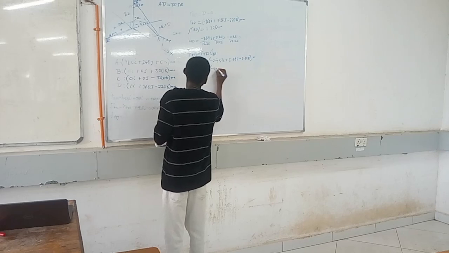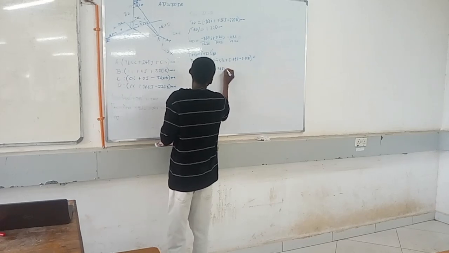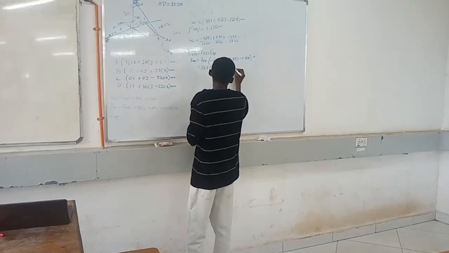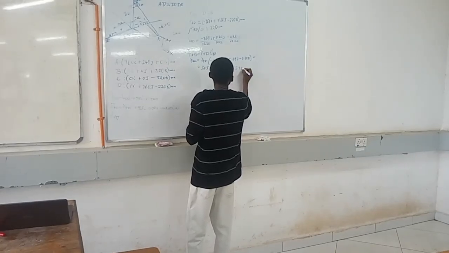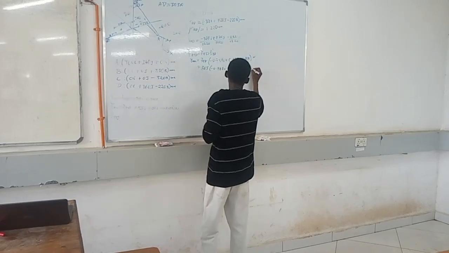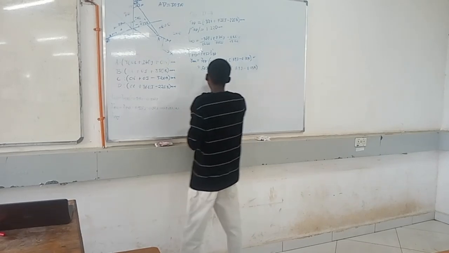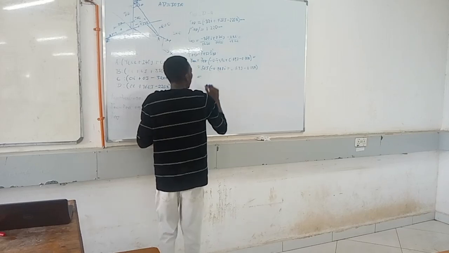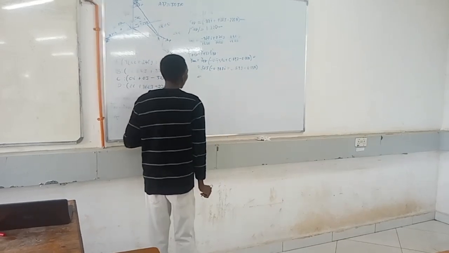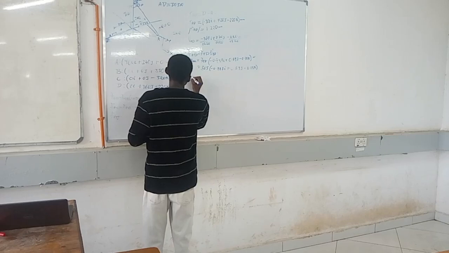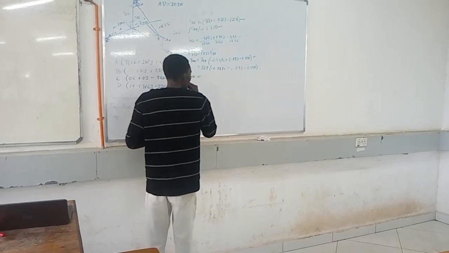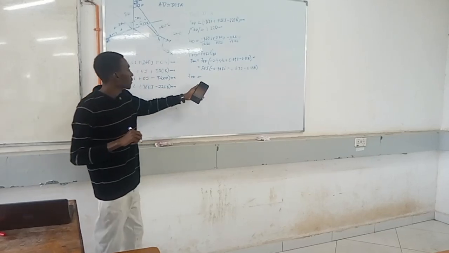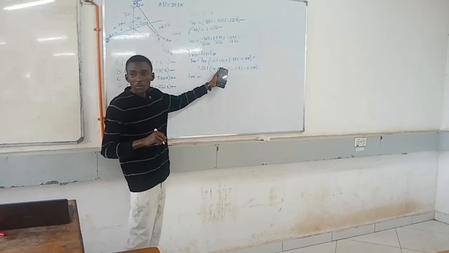305 multiplied with 0.787 I plus 0.59 J minus 0.18 K. Okay? Can you multiply this? 305 multiplied with this one. That is our first AD. 305 multiplied with that one.